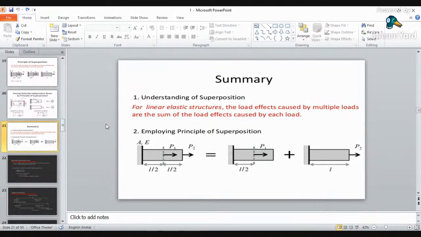So the final change in length will be P1 L by A plus P2 L by A. For the first case, your length will be L by 2. For the second case, your length will be L. When we sum up these two changes in length, you will get your final change in length.